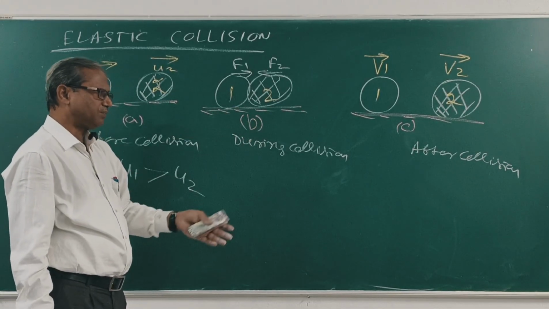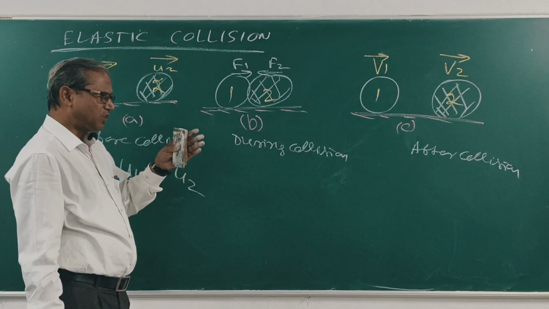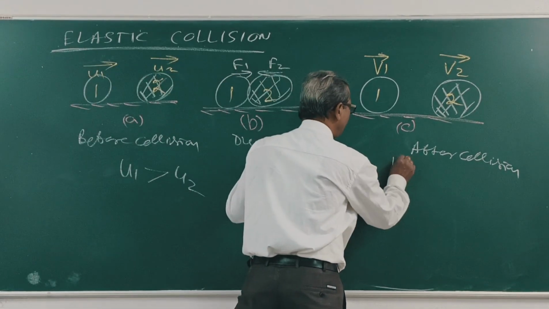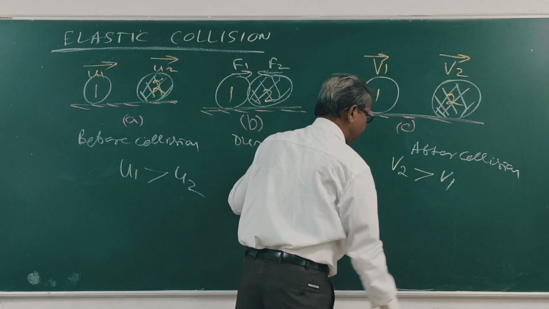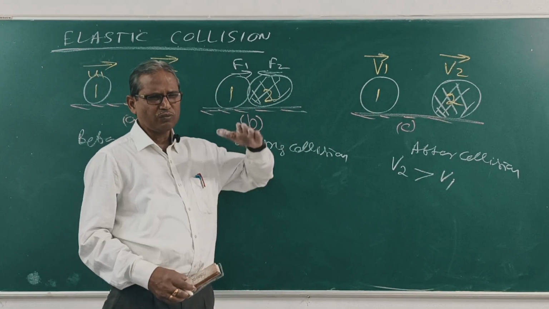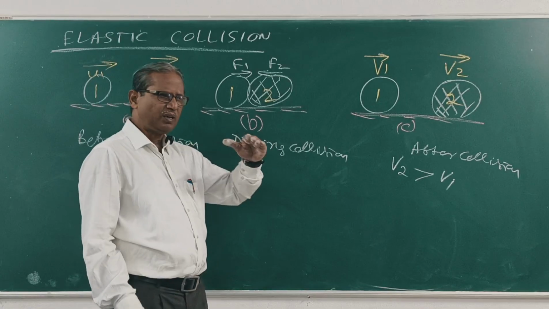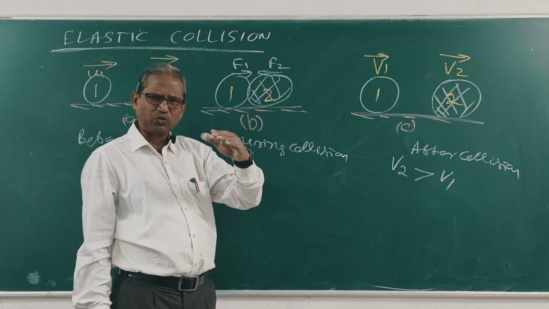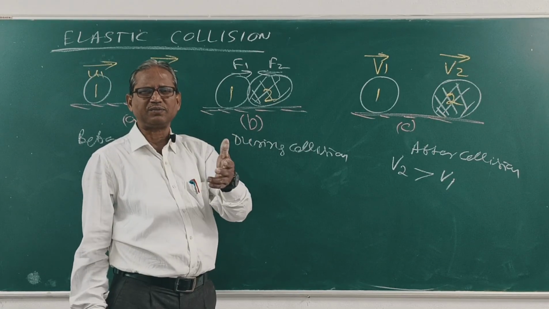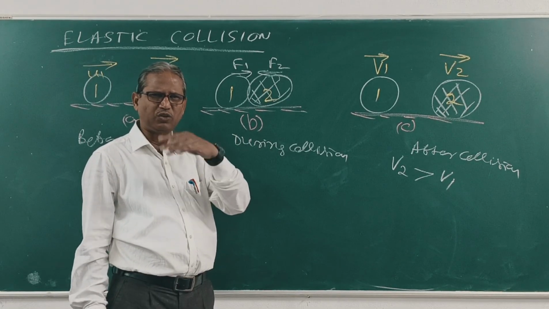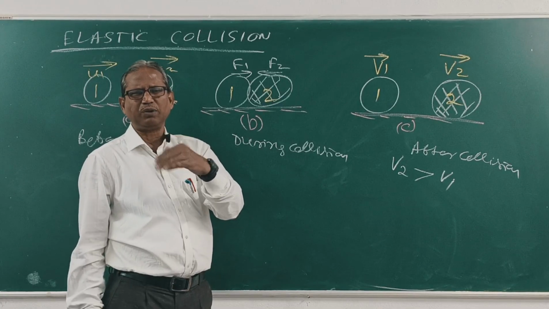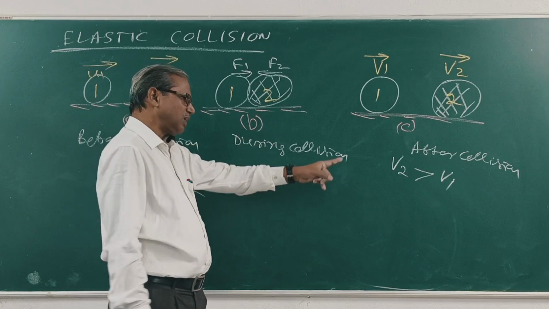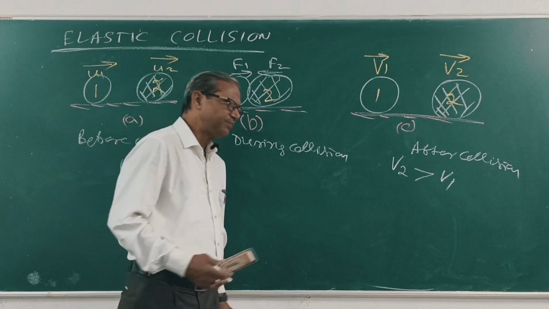After collision, the velocity of body 2 is more than the velocity of body 1, that is, v2 is more than v1, because body 2 is moving with some velocity and body 1 will collide with it, so naturally body 2's velocity increases. Before collision u1 is more than u2; after collision v2 is more than v1. Clear?